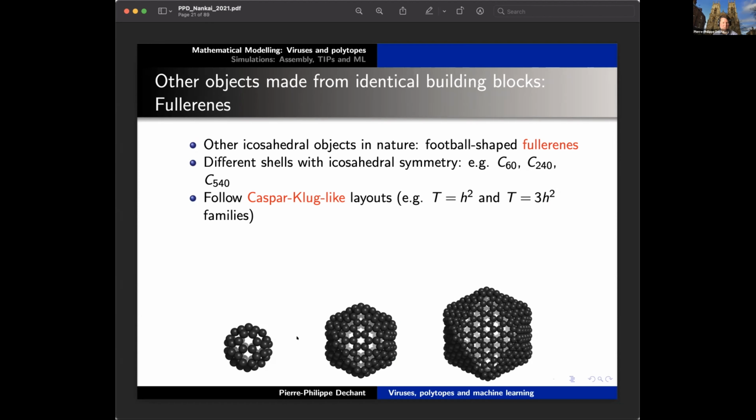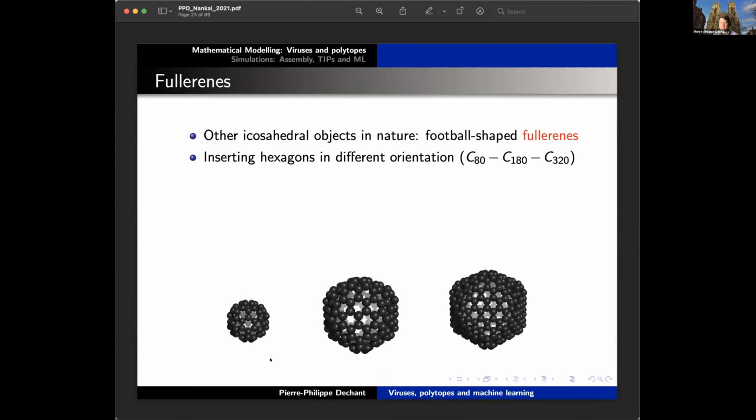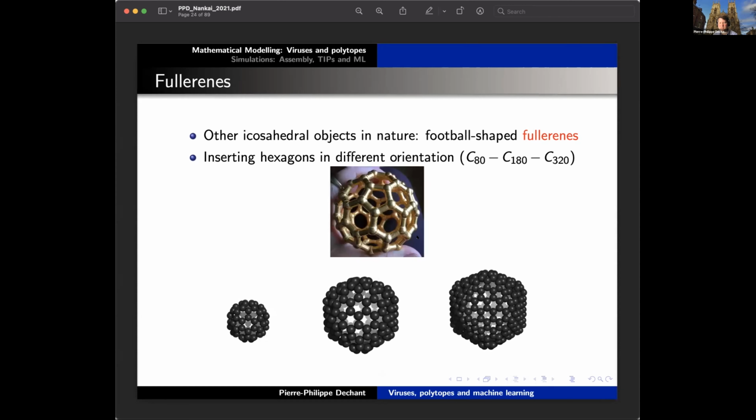They are really the pentagon-hexagon tiling, where each of the spheres is a carbon atom, and the one down here is essentially just a football, a truncated icosahedron. You can do much the same thing, starting with the dodecahedron, and for the next sizes up, insert hexagons in slightly different orientations between the pentagons, and you can just keep going and going, making these larger cages.